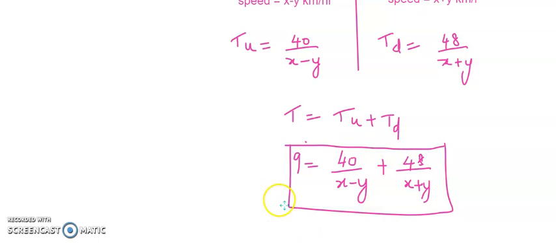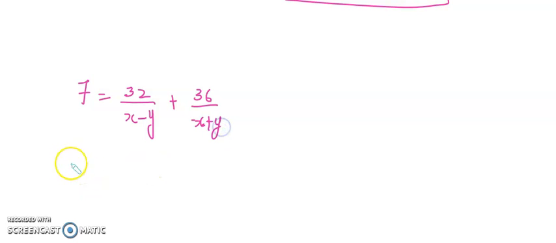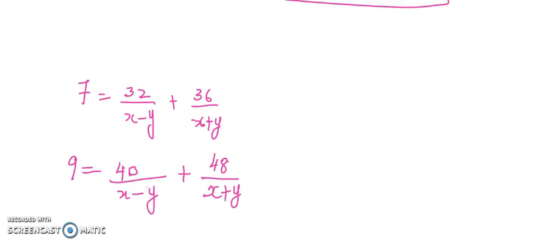Now I'm just placing both the equations next to each other to explain what you will do. The first equation turned out to be 7 is equal to 32 upon x minus y, because it was upstream, plus 36 upon x plus y. And 9 is equal to 40 upon x minus y plus 48 upon x plus y.